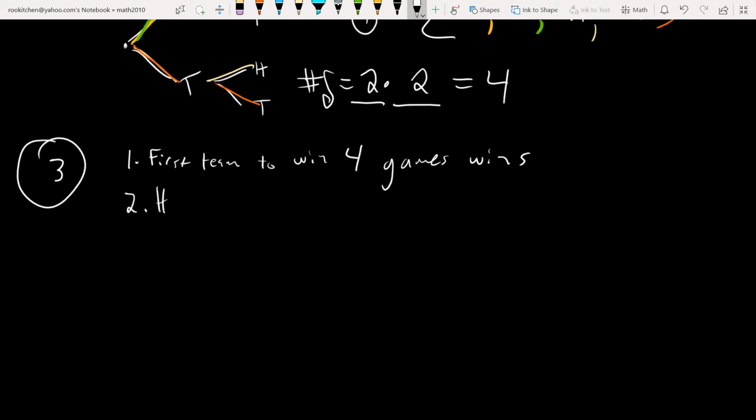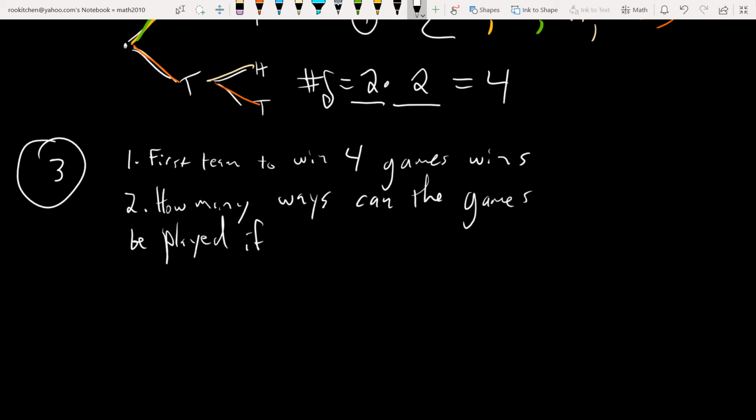Secondly, how many ways can the games be played if one of the teams, and we'll call that Team A, wins 4 games in a row.